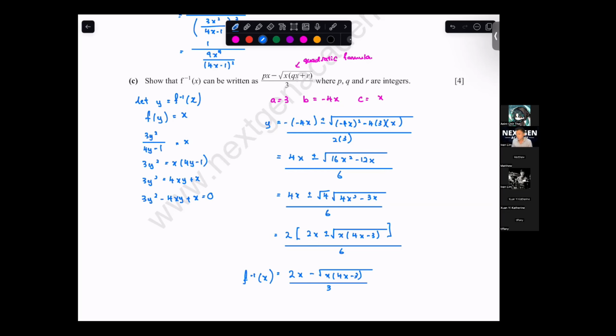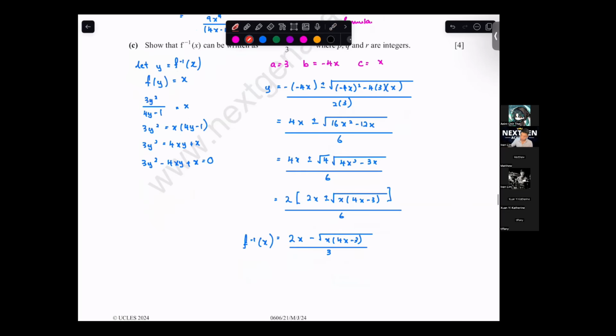Okay, why is it negative only? We take the negative value because f inverse x, this is your range. The range of f inverse x will follow the domain of fx. Remember this: range of f inverse x will be equal to the domain of fx. What is the domain of fx? Which is equal to x.